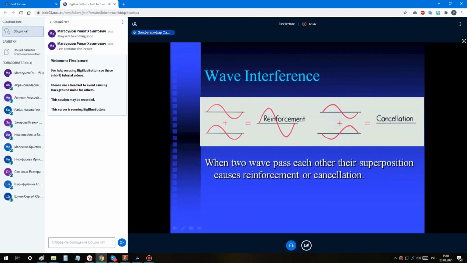Their individual effects add together, resulting in an increase in amplitude, as shown on the left side.